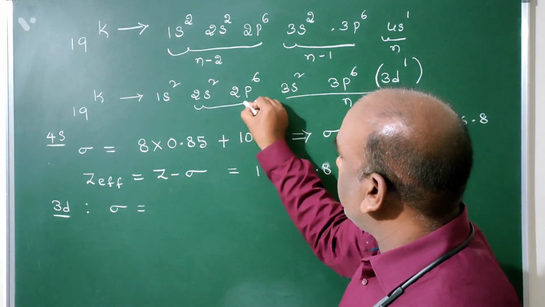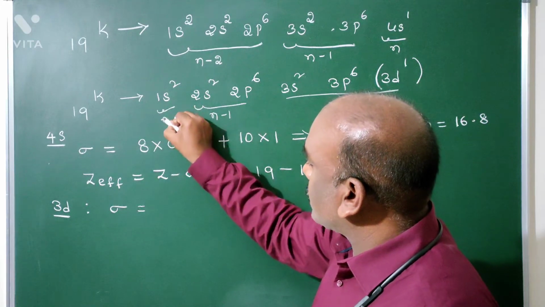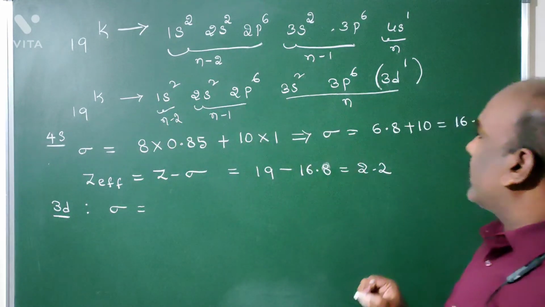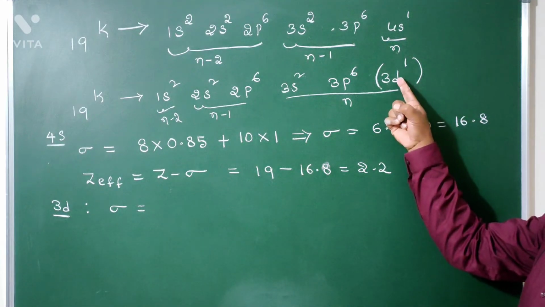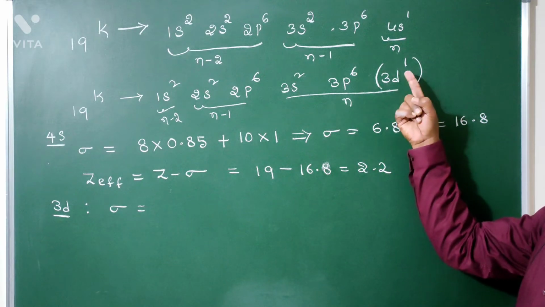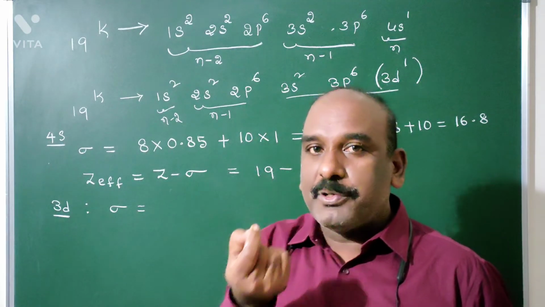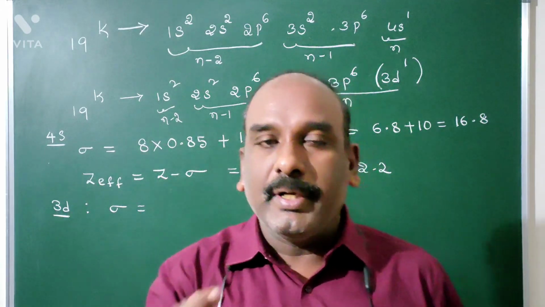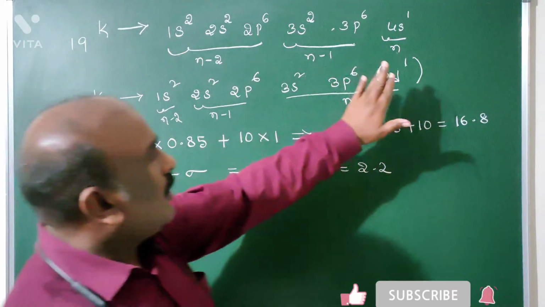The second orbit is penultimate, n minus 1. The first orbit is n minus 2, anti-penultimate in this case. This 3d subshell electron is the test electron. It is treated as the nd subshell. Each electron coming left to the nd subshell contributes the value 1.